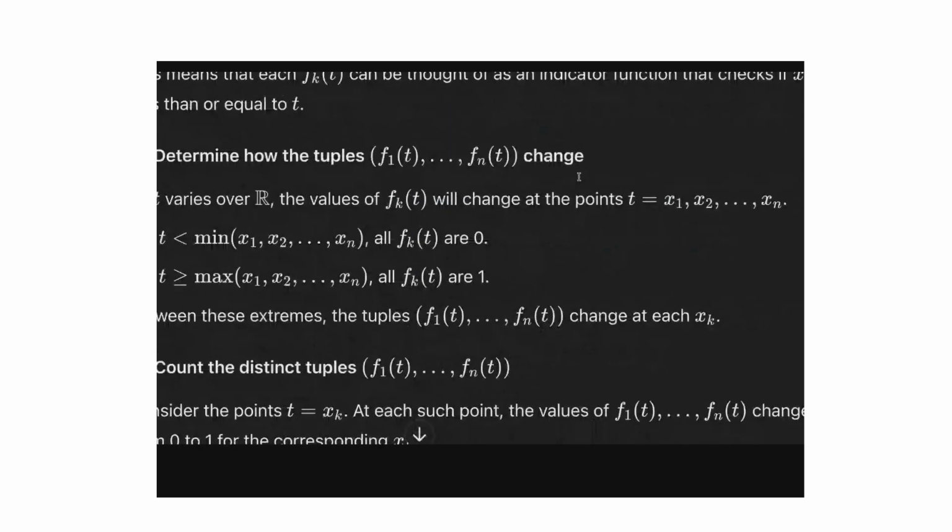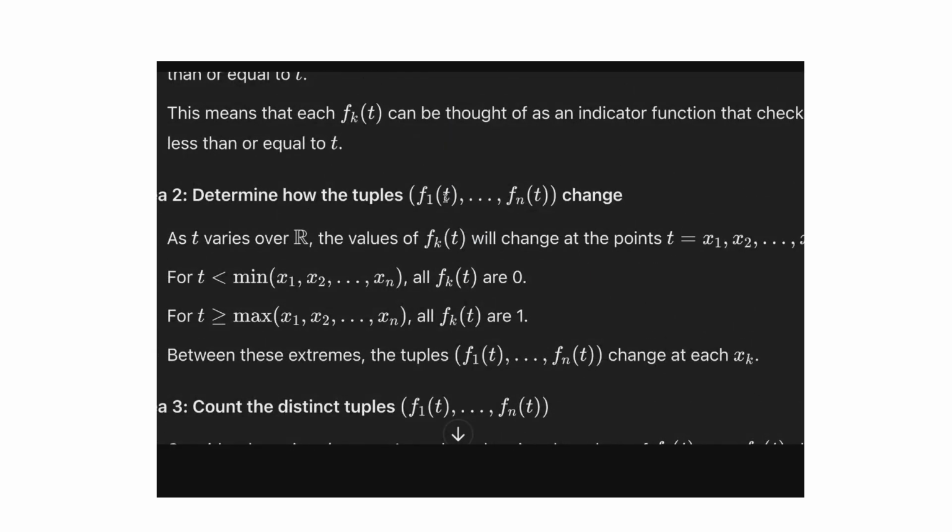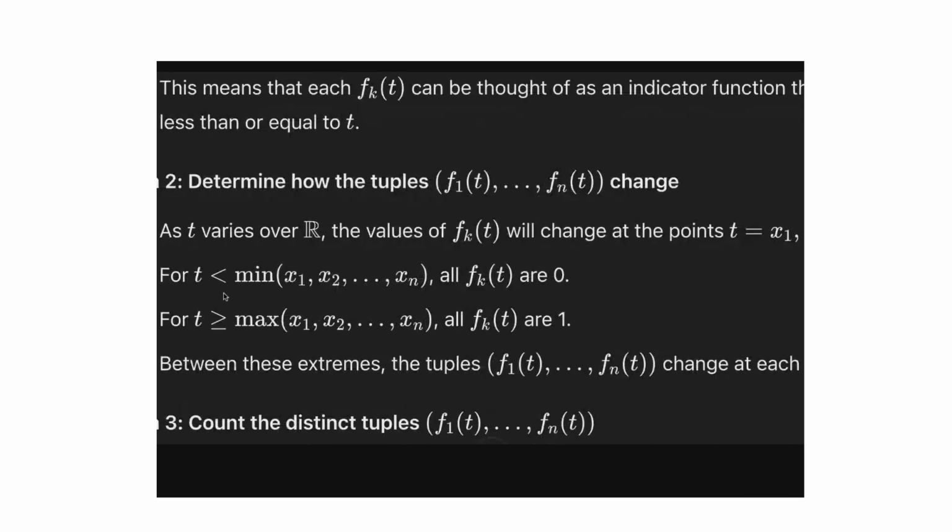And next, determine how the tuple (f_1, f_2, ...) changes as t varies. Exactly, this is what happens. For example, oh wow, see, it gave an idea. As t changes, if it's less than or equal to the minimum... you don't expect it to be mathematically fully correct, but expect it to generate ideas.